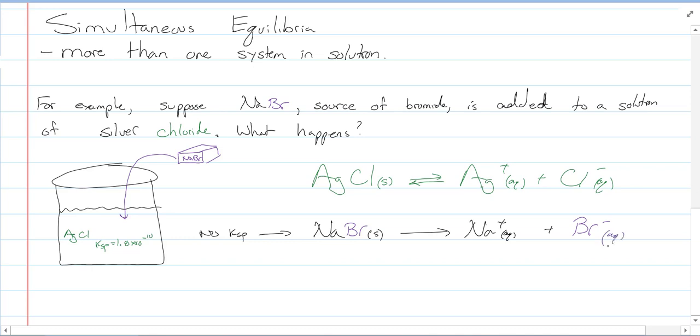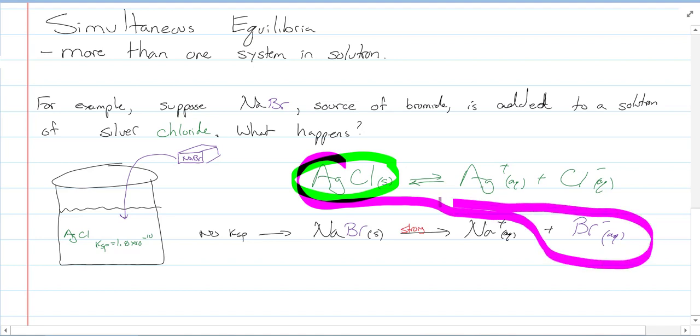The problem arises, because again, this is strong. The problem arises is that silver chloride has a KSP and silver bromide has a KSP.